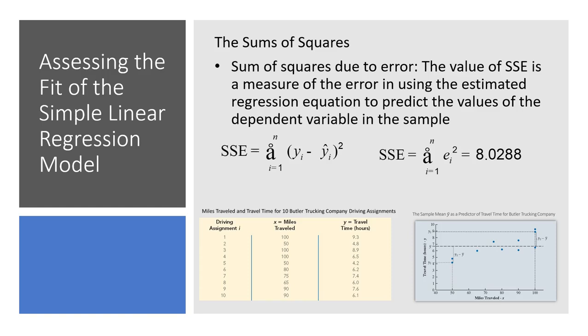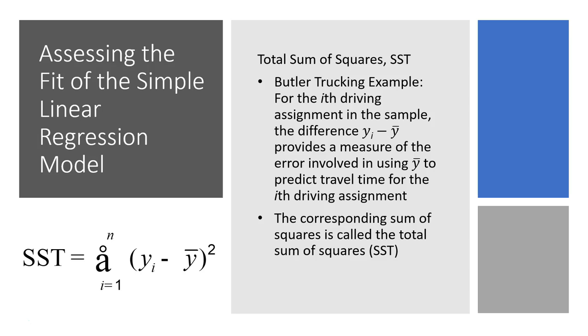From this figure, which highlights the residuals for driving assignments 3 and 5, we can see that our average travel time tends to overpredict travel times for driving assignments that have relatively small values for miles traveled, such as driving assignment number 5, and it tends to underpredict the travel time for driving assignments that have relatively large values for miles traveled, such as driving assignment number 3.